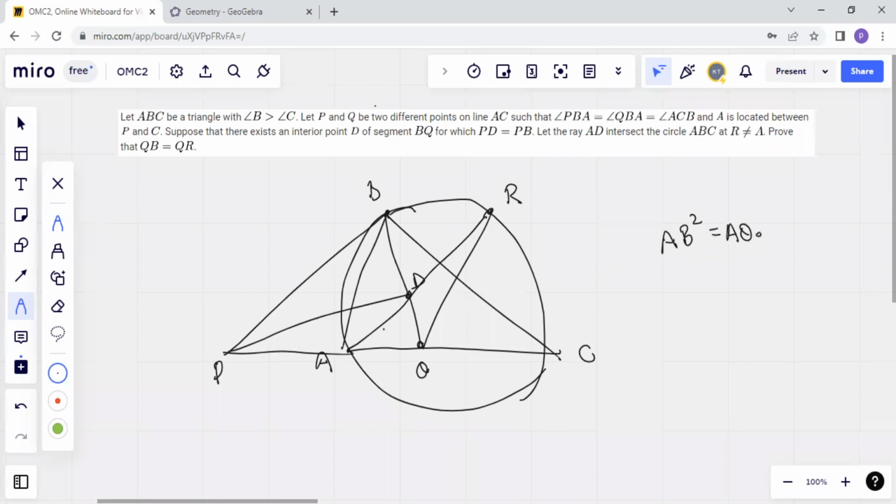Basically, that's just similar triangles. You get that this angle is C and this angle is A, so this angle is B. And then angle ARC is angle ABC, which is also B. Right. So DQCR is cyclic.